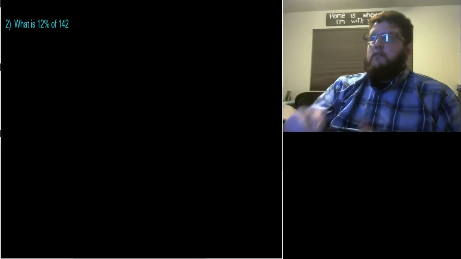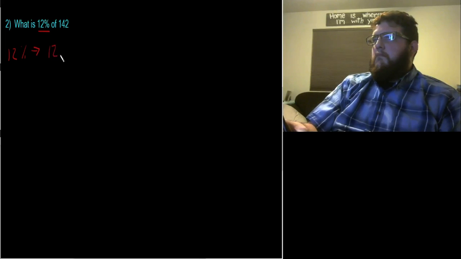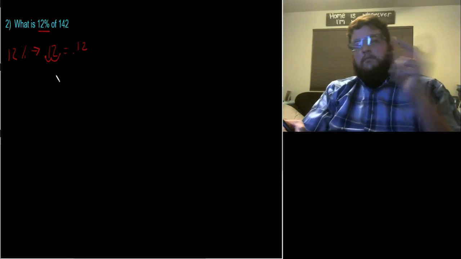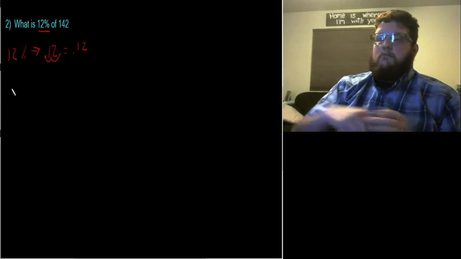This will be the same process as before. The first thing we need to do is take the percent and convert it to a decimal. We move the decimal point over 2 times to convert it, and 12% becomes 0.12. Now we'll take that 0.12 and multiply it by 142.